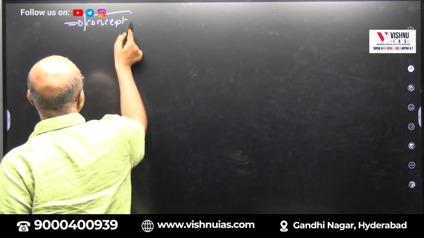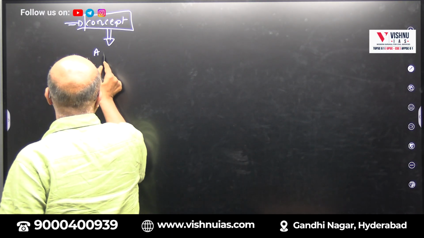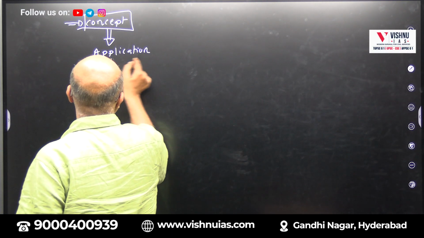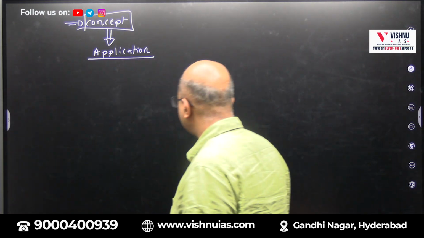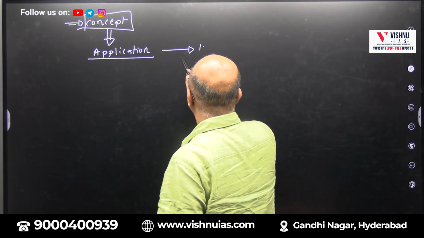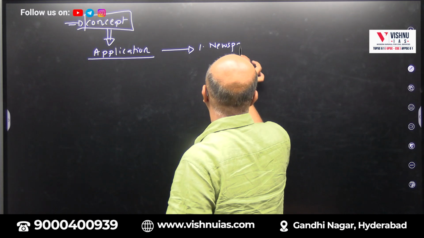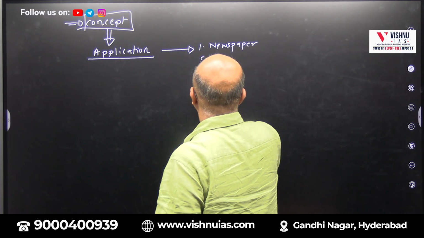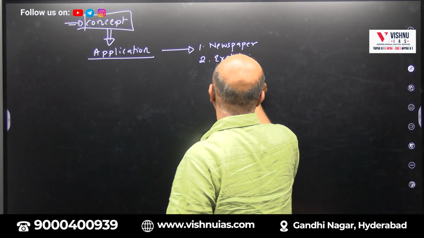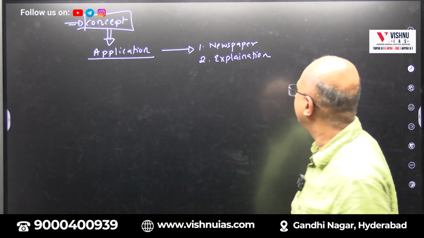Develop a concept. And once you are good in the concept, then you have to move on to the application part. Now, in the context of application, you have to depend on newspapers, explanations which are given by institutions and the faculties during the classes.